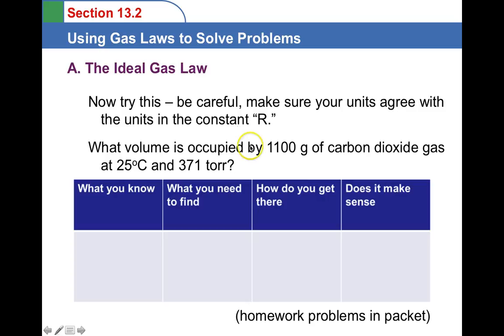We got a warning here: make sure that your units agree with the units in the constant. So what do we know? Volume, well, that's what we need to find. Volume is equal to a question mark. We have 110 grams of carbon dioxide gas.